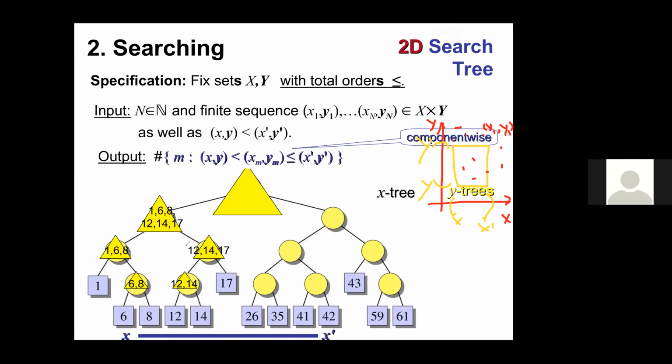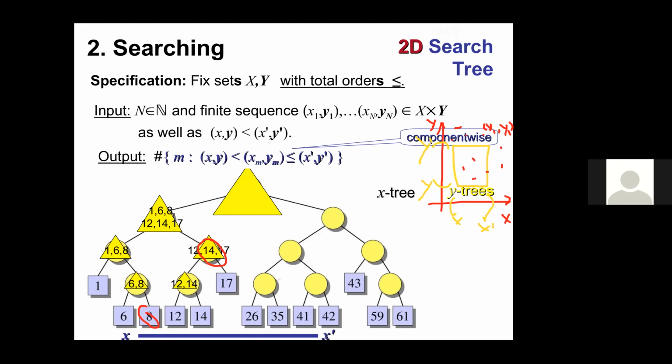Now there are ways to generalize this algorithm for two-dimensional range counting. I'm a little bit sketchy here, but you get the idea. You have to descend: if you're given x and x prime, you first have to locate all the nodes which are contained in this interval.